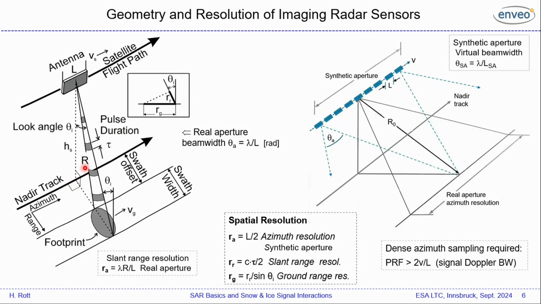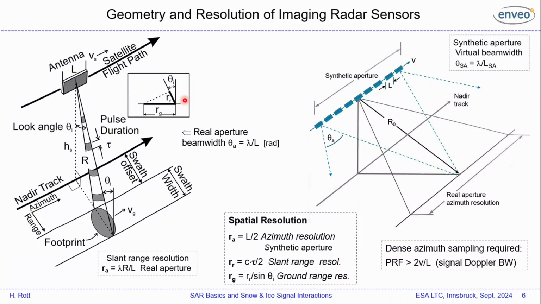Another issue, that's quite important, is that this is an oblique incidence of the signal, and this is the resolution in slant range, in the direction of the radar beam, and this is the direction in ground range, and we can see the steeper the incidence gets, the poorer the resolution gets in ground range.